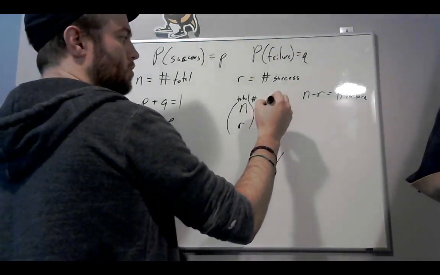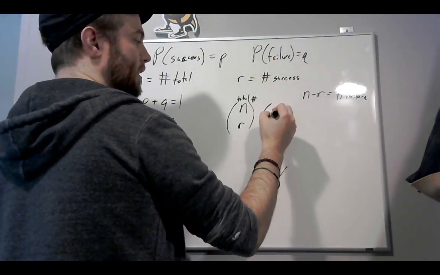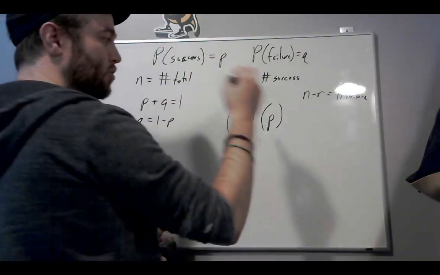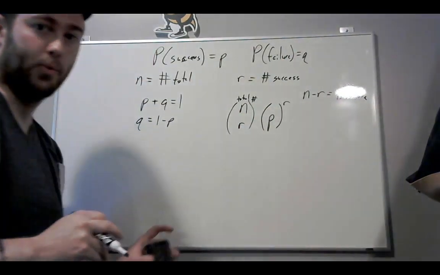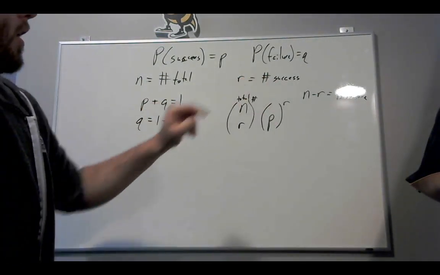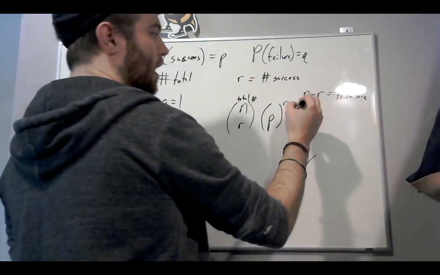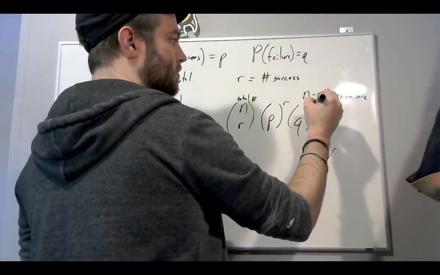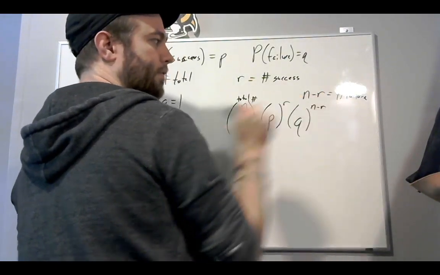And we're going to multiply that by the probability of success raised to whatever our r value is. So saying that I want 2 successes, times our failure probability raised to the n minus r, which was our number of failures.